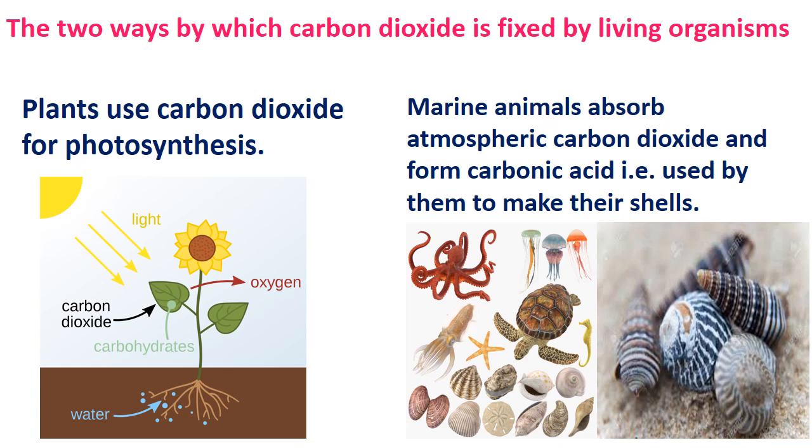So, this is the first way in which the carbon dioxide is being fixed. Second is the marine animals. The marine animals absorb atmospheric carbon dioxide and form carbonic acid. That is used by them to make their shells. This is the second way by which carbon dioxide is being fixed. So are you clear about this?